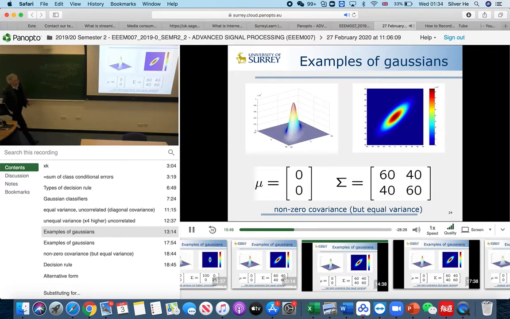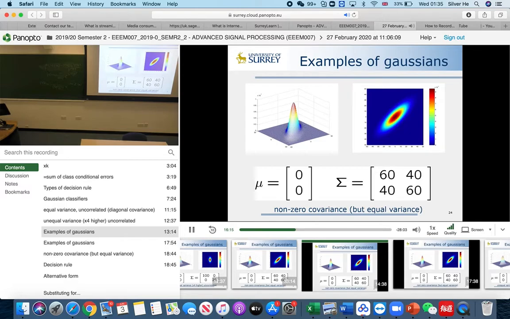Yes, let me give an example of an x1 and an x2, and they occupy a circular region here. So in this case, if my value of x1 is here, that tells me that my x2 must be in that region here.